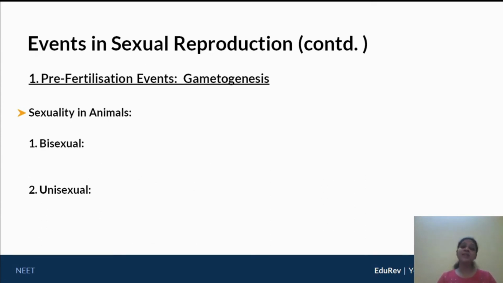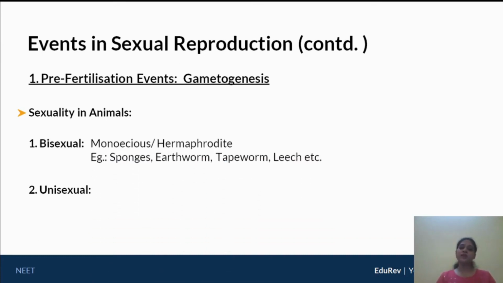So, staminate and pistillate flowers. Next, sexuality in case of animals. We're done with plants, now we move on to animals. Now, this is pretty simple. A bisexual organism is called monoecious, like normal, or is called a hermaphrodite. Now we're quite well versed with the term hermaphrodite. For example, earthworms are hermaphrodites. Sponges, tapeworms and leeches are other hermaphrodites. And unisexual animals are called dioecious. Example is a human being. We've got a separate male and a separate female.